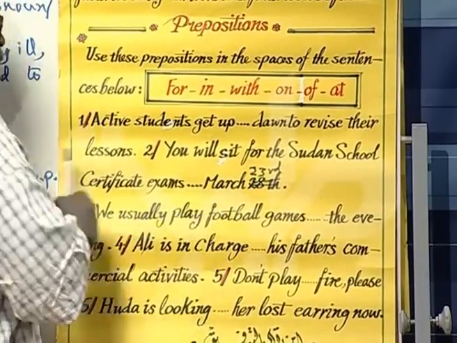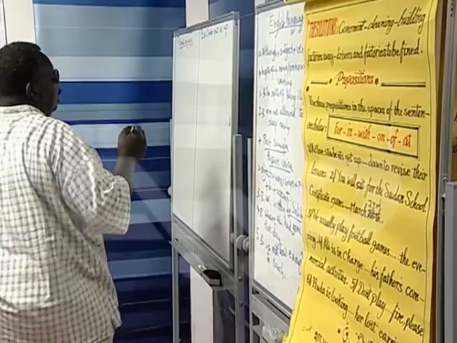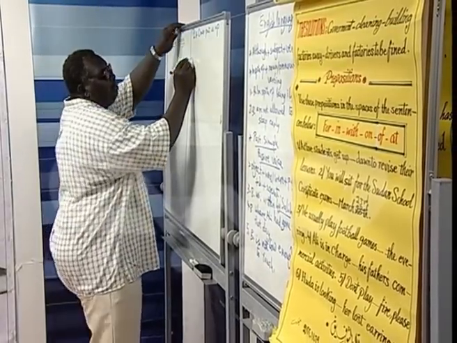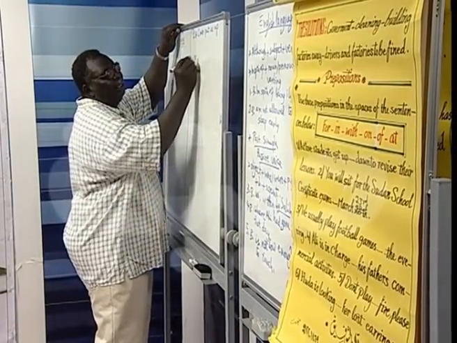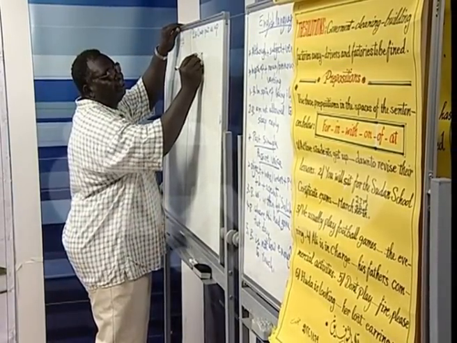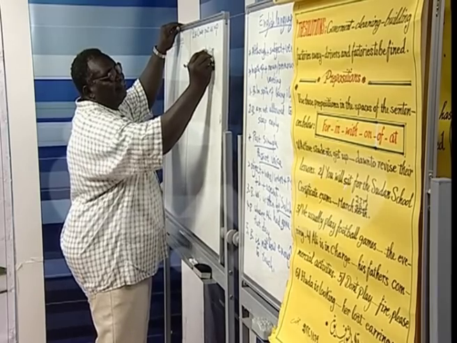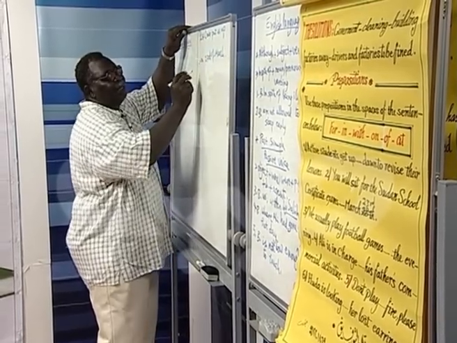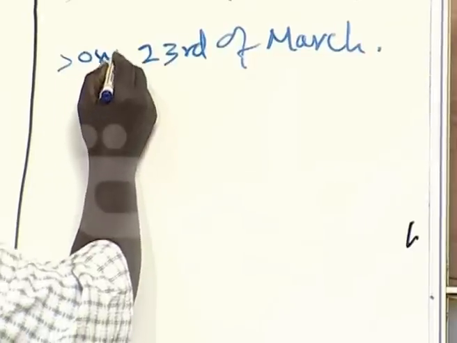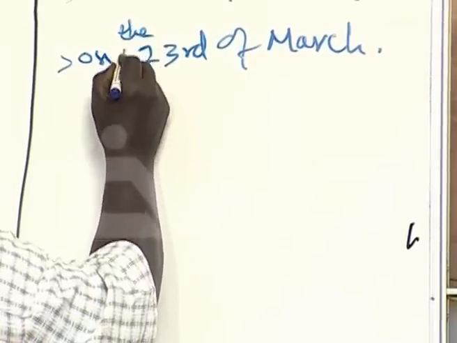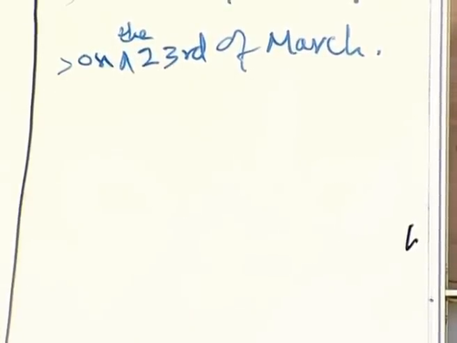So it can be given like this. Let me go to the blackboard: on the 23rd of March. You can say to me, we will sit for the exam on the 23rd of March.